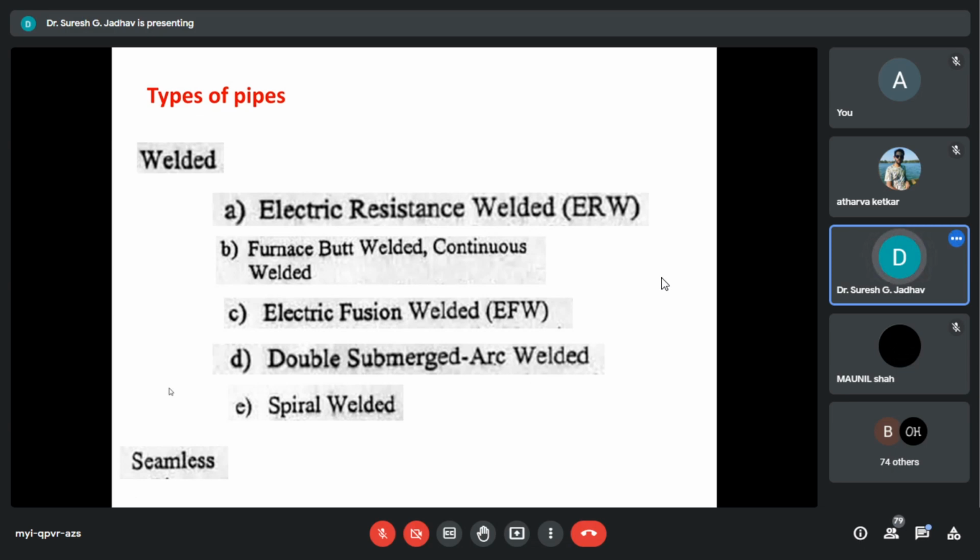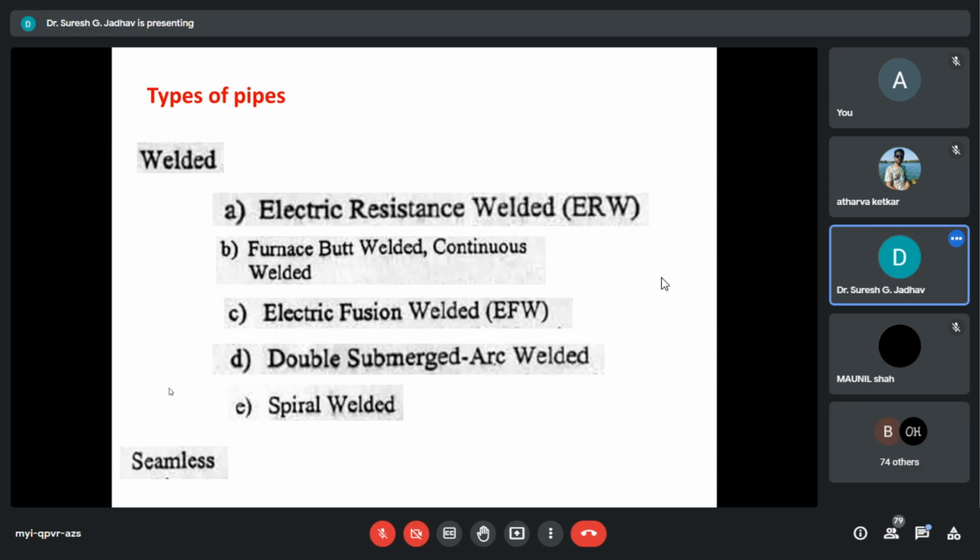Now next is double submerged arc welded. In double submerged arc welded pipes, the longitudinal butt joint is produced by at least two passes, one of which is on the inside of the pipe. Coalescence is produced by heating with an electric arc or arcs between the bare metal electrode or electrodes and the pipe.